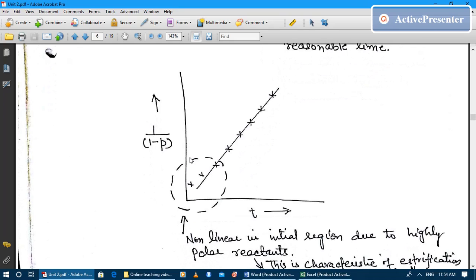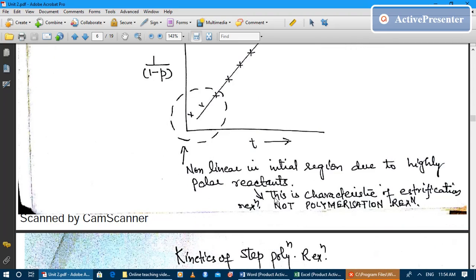Here also we can find non-linearity in the lower conversion region, in the initial region, due to higher polarity of the reactant, and this is a characteristic of esterification, not of the polymerization reaction.